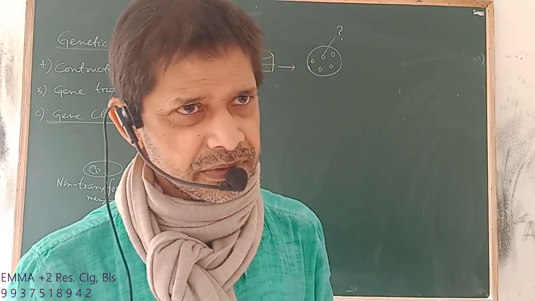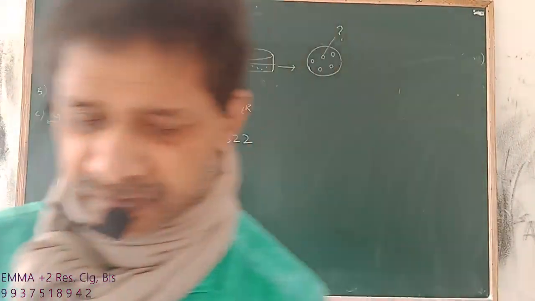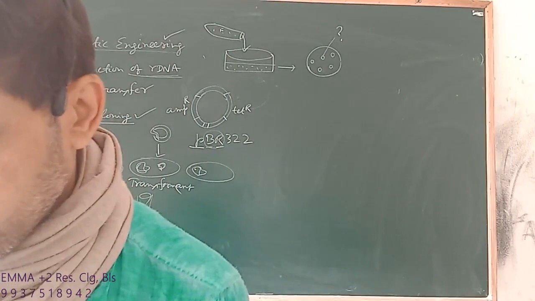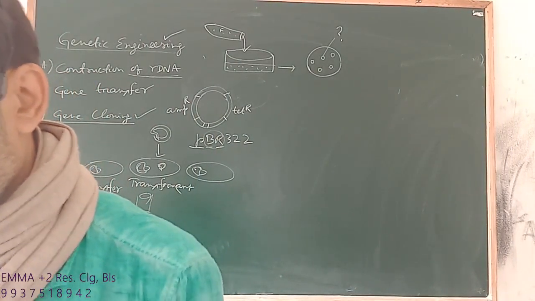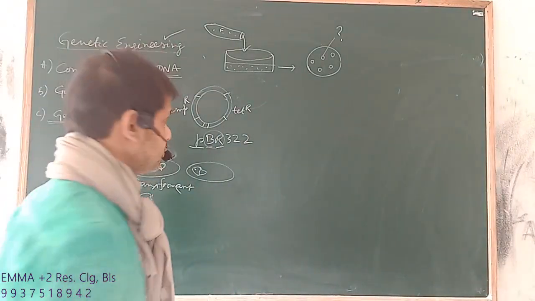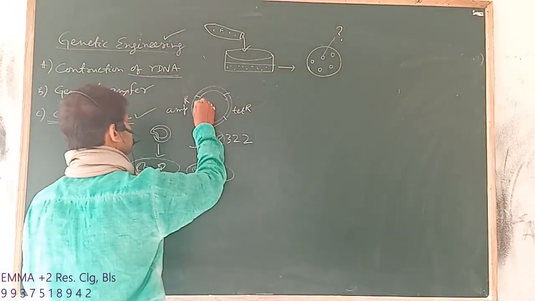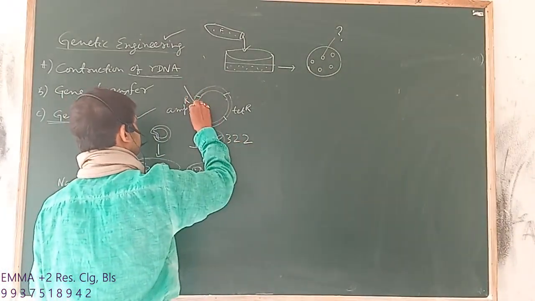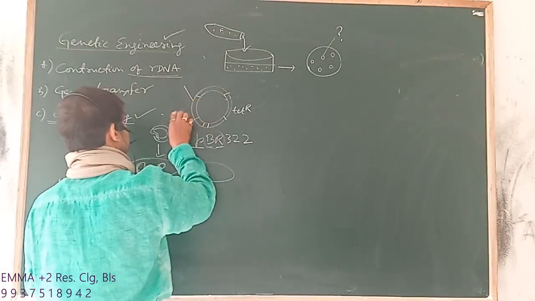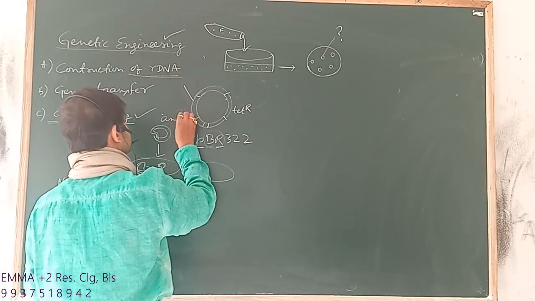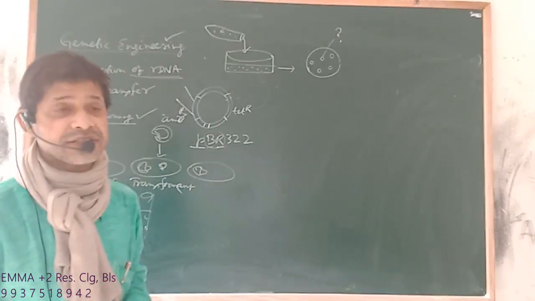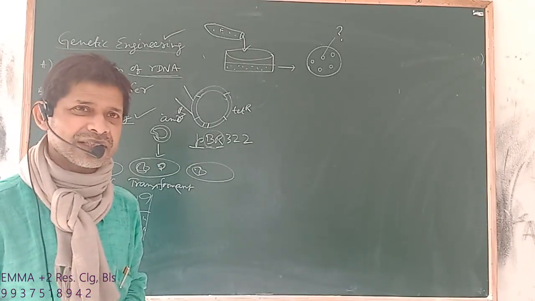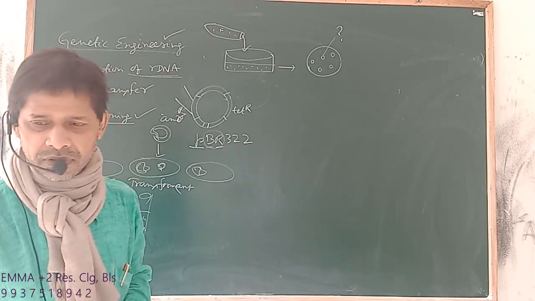As per your NCERT book diagram given on page number 199, you can see the 2 cloning sites. One is a cloning site, which means a restriction site, where a restriction enzyme will cut.